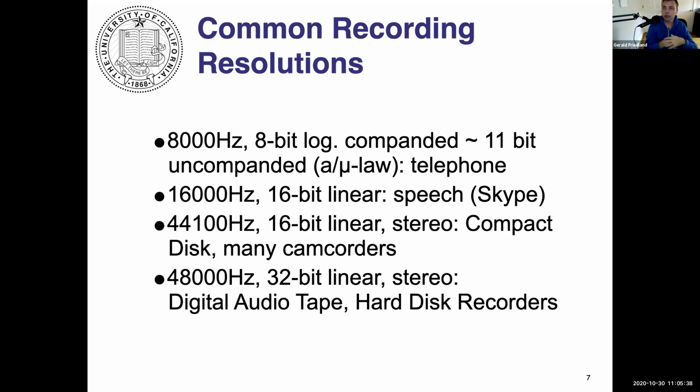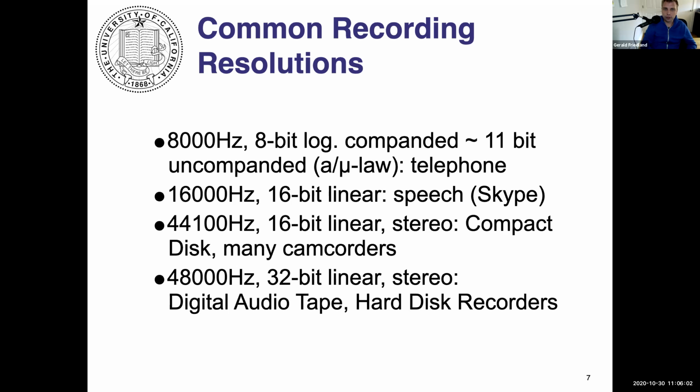They call it companding, which basically makes the louder signals represented with less resolution, and the more silent signals represented with more resolution. And it's called A-law or Mu-law. They're basically the same, except A-law is, I think, European, and Mu-law is the American version. But this was used for telephone for a long, long time.